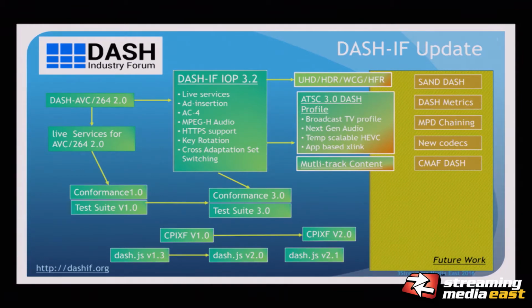Recently, we published Dash IF Interoperability 3.2. As you can see, it has several features, live services, ad insertions. We added two new audio codecs, AC4 from Dolby and MPEG-H audio. It basically shows how to do streaming using HTTPS, and supports key rotation and cross-adaptation sets.